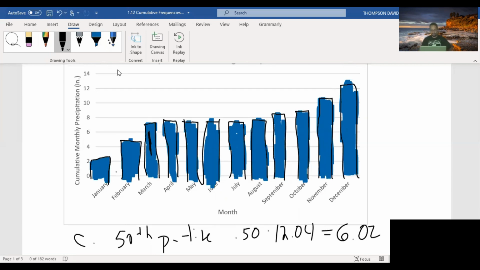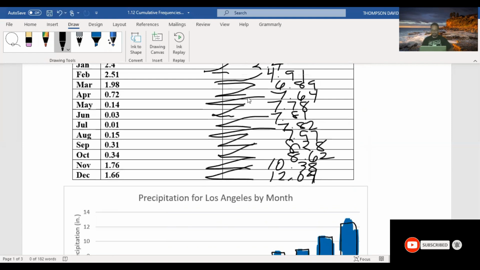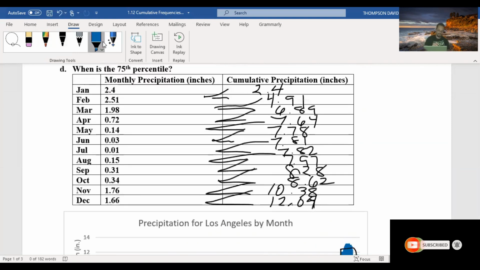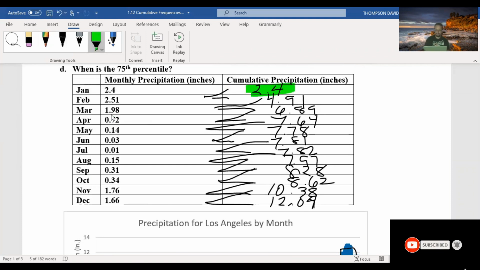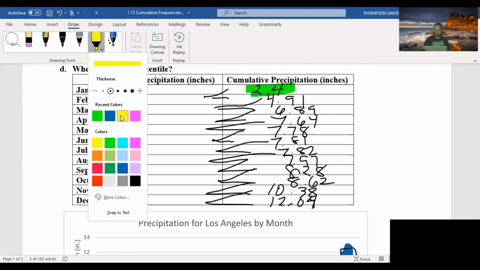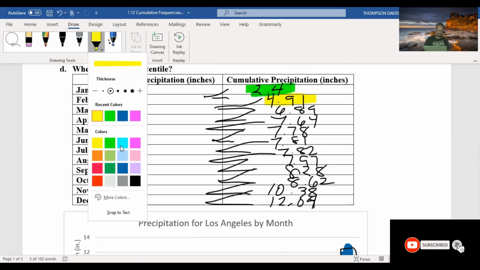And we look at our chart to figure out when this occurs. Take note how in the first month, we're in green. So that's 2.4. The second month, we're at 4.91. We still haven't hit that 6.02 mark. And by the third month, which I'll use in light blue, we're finally at 6.89.